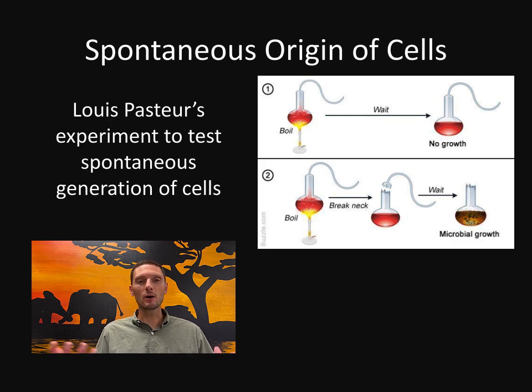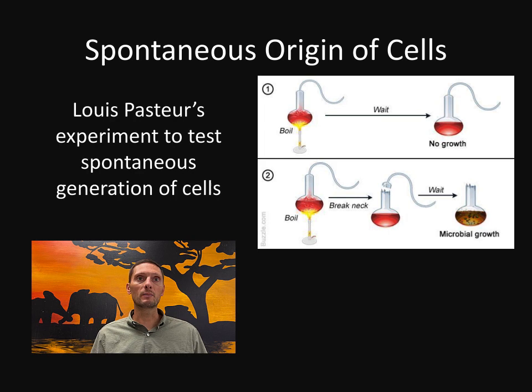And so this helped to demonstrate that in order for life to arise, it has to come from previously existing life. And so Pasteur's experiments and our understanding of where offspring come from, whether it's asexual or sexual reproduction, show that today on Earth, life must come from pre-existing life.